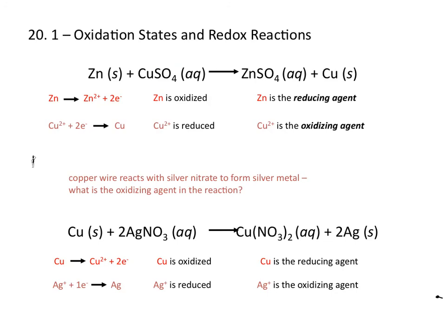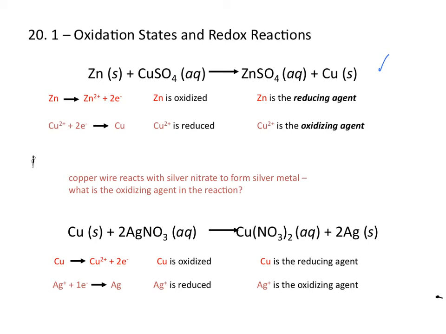Now, let's look at how we would do some of these problems in terms of identifying what's what. What you're going to do initially is you're going to have potentially a nice, beautiful equation. If we look at it here, we can assign oxidation numbers to everything involved. That's the first thing you're going to want to do because it's going to allow you to establish what goes in each of the half reactions.